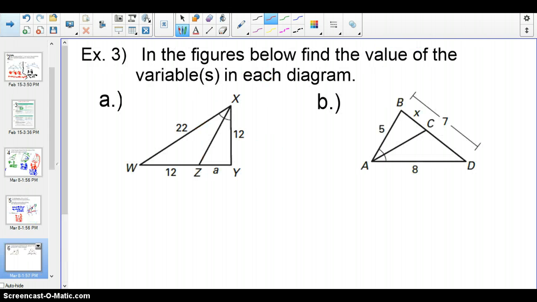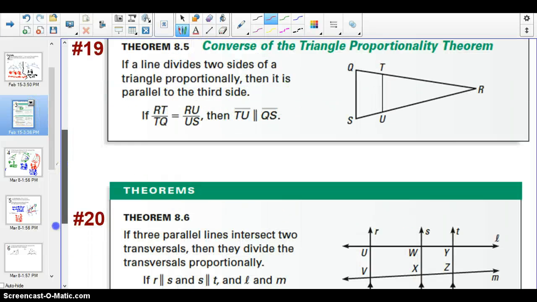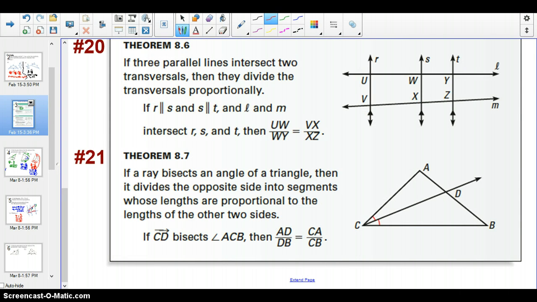Okay, this is using our last new vocabulary, which was maybe the most challenging, but just look back at your vocab. I can even glance back here. Let's look at the very last one. You've got a ray that bisects the angles, which says something about the ratio of these segments here. AD is proportional to DB, just like CA is proportional to BC.